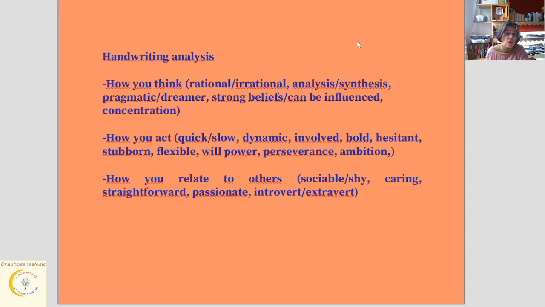Are you caring for others? Do you have strong feelings or emotions? Are you very emotional? Are you straightforward, passionate? How do you interact with others? All this will also be examined and will play a part in the portrait.